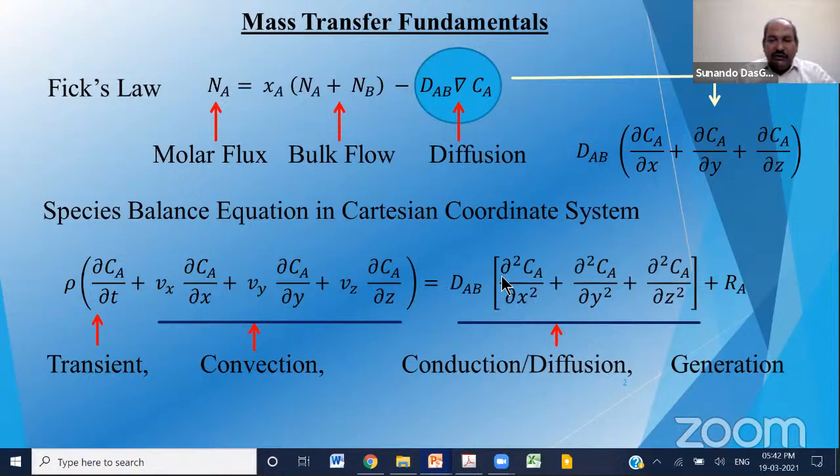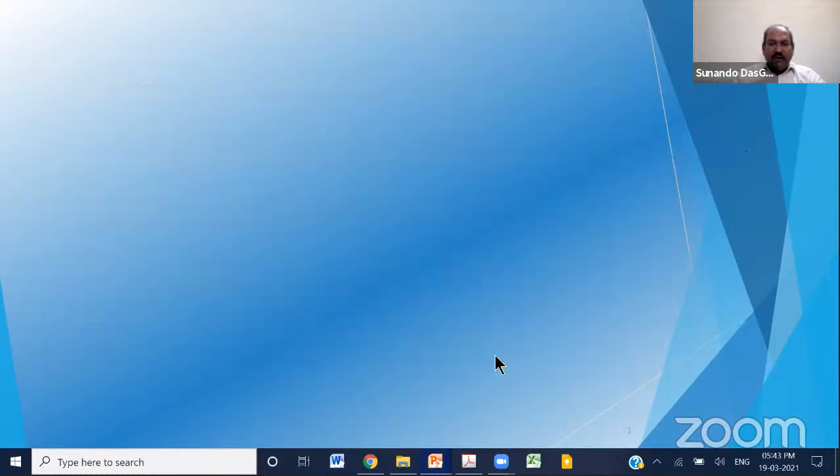And the generation or depletion term is due to the reaction taking place between component A and other components, for example B, present in the system. So these are the fundamental equations of mass transfer that we have discussed extensively in our course.